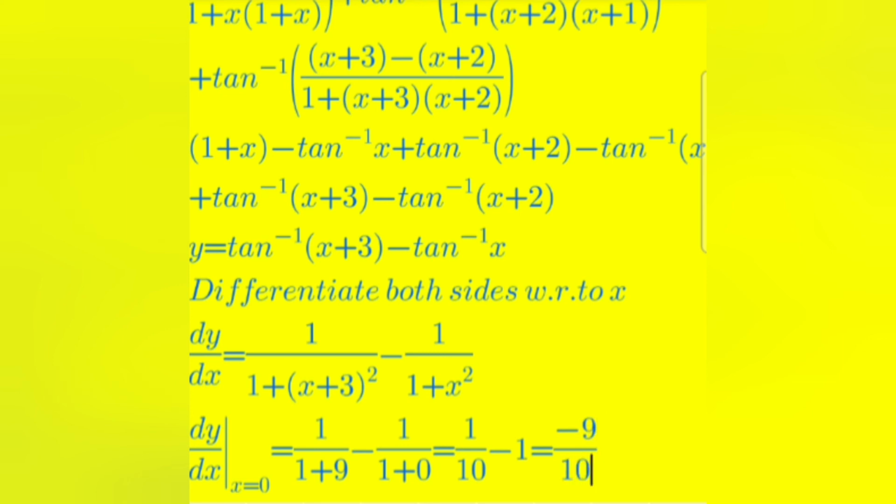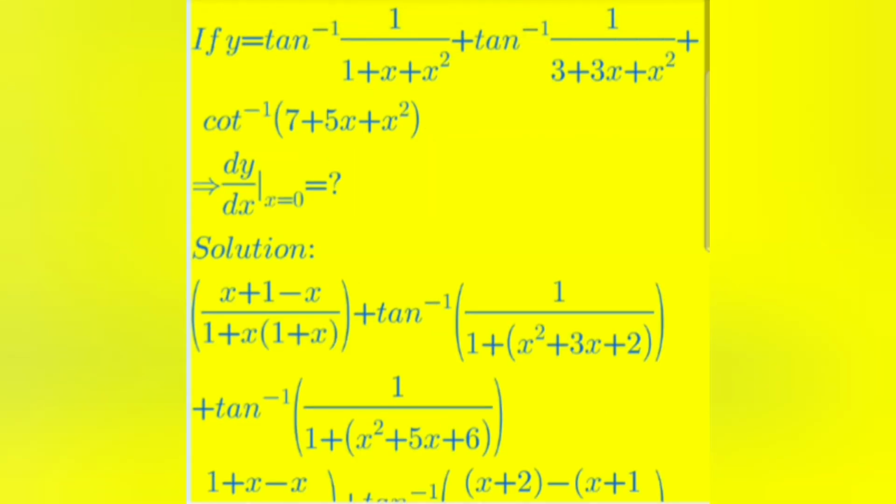Okay, 9 over 10. See again, y equal to tan inverse 1 over 1 plus x squared, plus tan inverse 1 over 3 plus 3x plus x squared, plus cot inverse 7 plus 5x plus x squared. Now I am finding the value of dy/dx at 0.